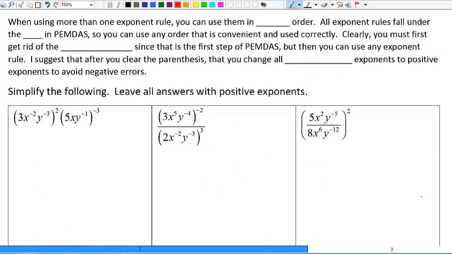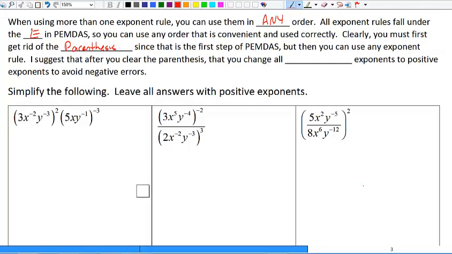When using more than one exponent rule, you can use them in any order. All exponent rules fall under the E in PEMDAS, so you can use any order that is convenient and used correctly. Now, clearly, you must get rid of the parentheses first, since that's the first step of PEMDAS.